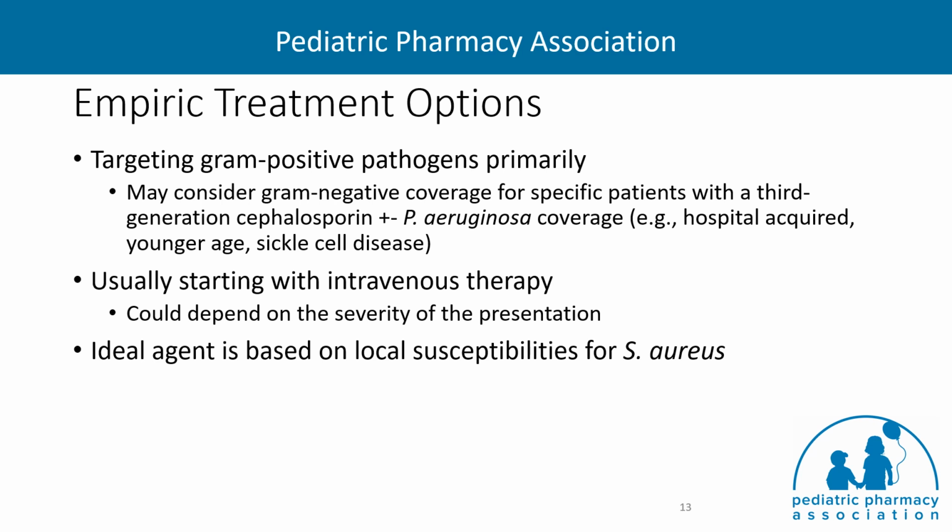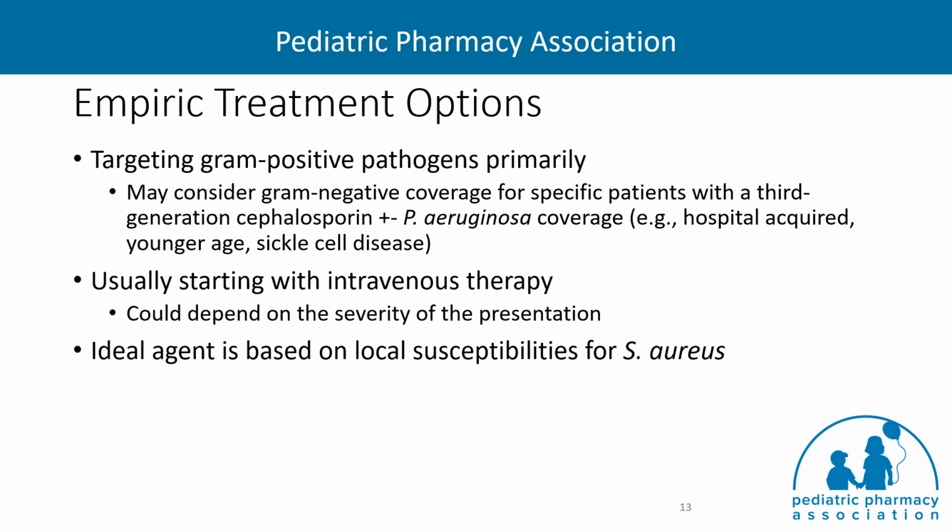And then you may consider adding on gram-negative or other specific antibiotics for certain patients who you think may have risk for other types of infections. So typically, you're only really targeting gram-positive. You may add on some cephalosporins if you're worried about other pathogens in specific patients.